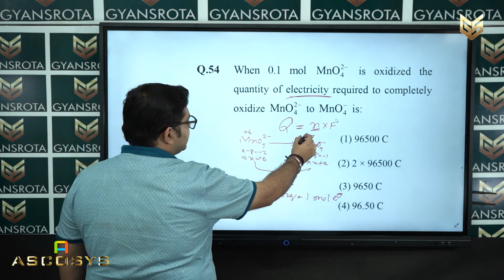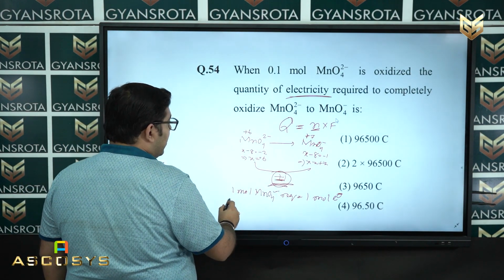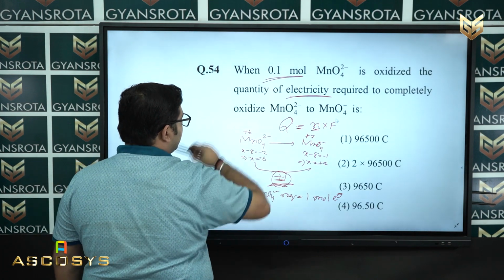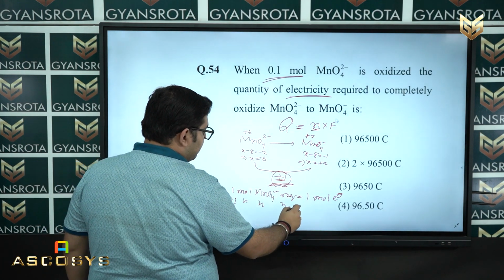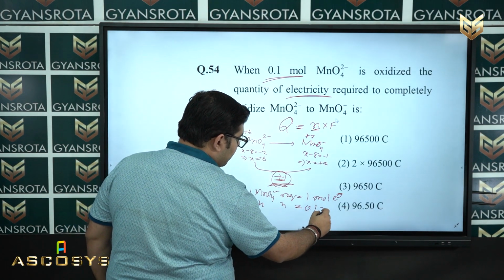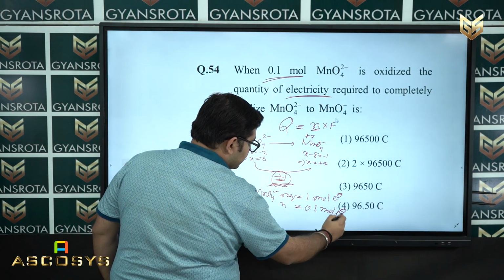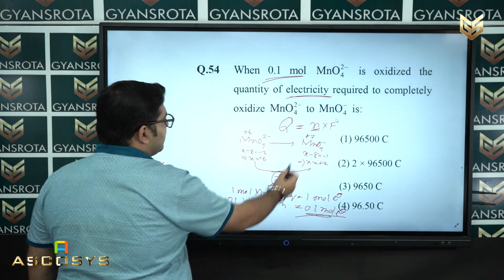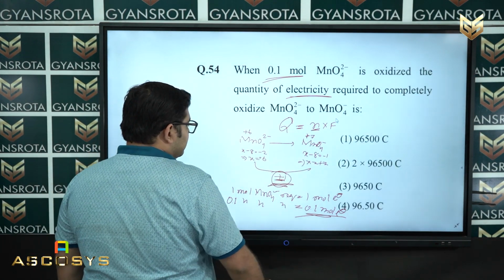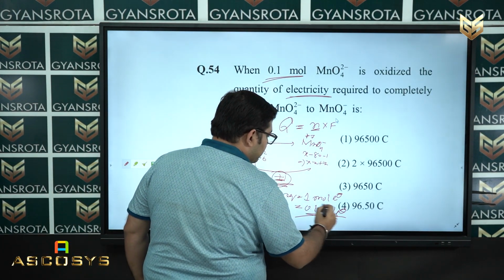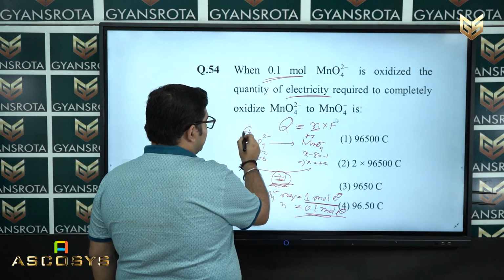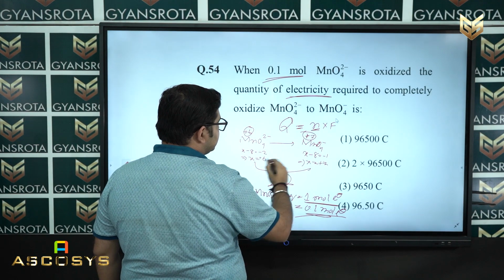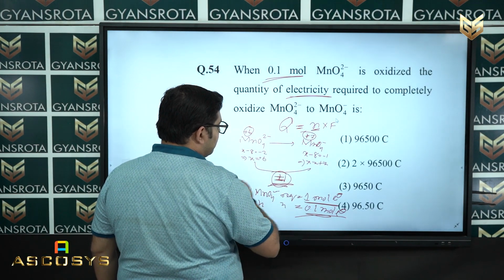Similarly, they are giving 0.1 mole, so 0.1 mole of MnO4 2 minus requires 0.1 mole of electron. This is nothing but the value of n. I am going to repeat: plus 6 and plus 7, the change of electrons is 1.